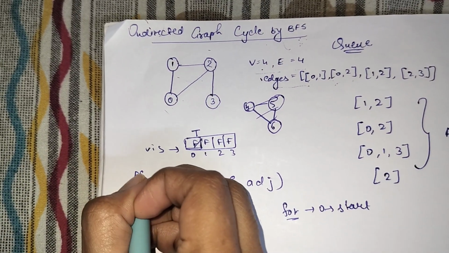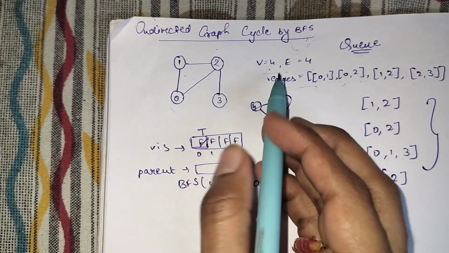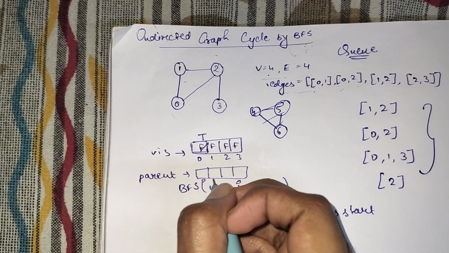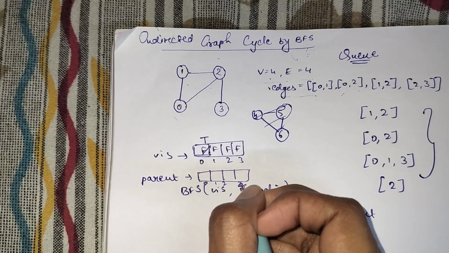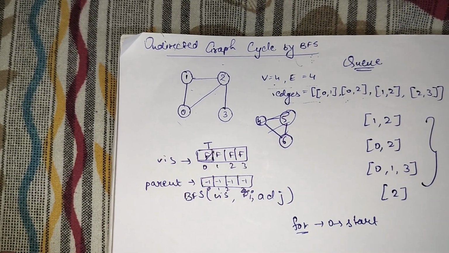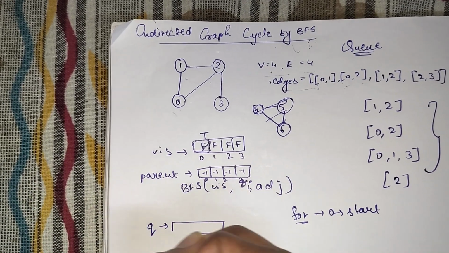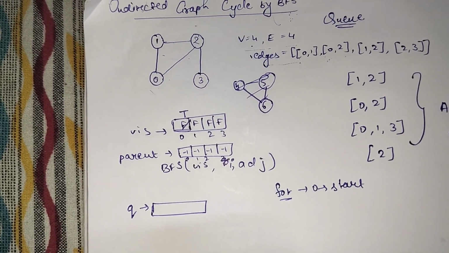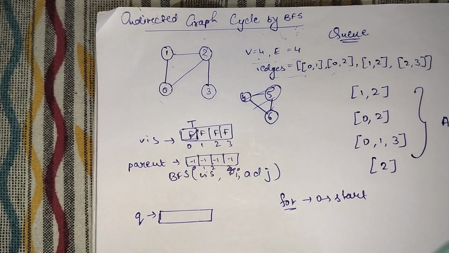I make a parent array equal to the length, 0 1 2 3. By default I'm keeping it as minus 1, and I'm going to make a queue, and for the starting node we are going to keep the parent as minus 1 only.